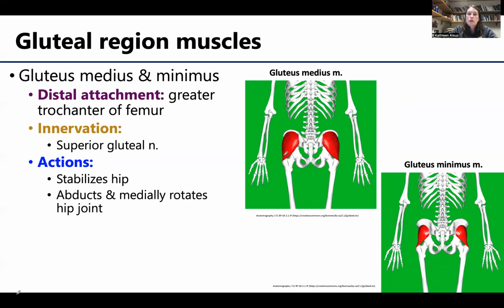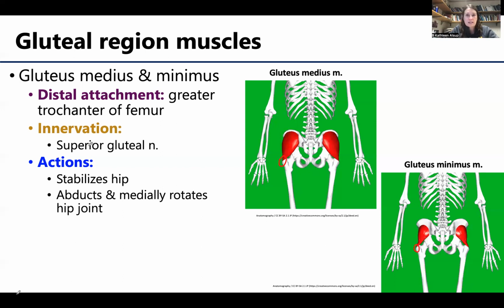Both of these muscles are going to have their distal attachment on the greater trochanter. So remember, you can palpate the greater trochanter on the lateral side of your hip region. So these are two of the muscles that are going to have their attachment on the greater trochanter, making it so great. Both of these muscles are going to be innervated by the superior gluteal nerve, so not the inferior like the gluteus maximus.